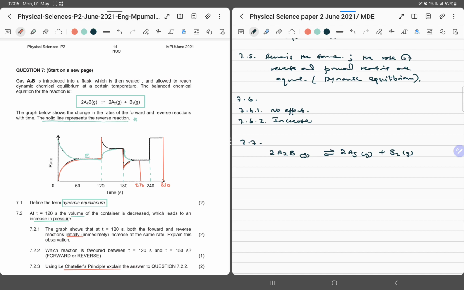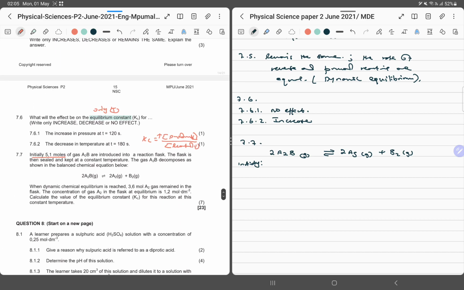And then, of course, we are told initially, what did we put in? So this is going to be a Kc calculation. We put in 5,1 moles of gas A2B. And of course, initially there will be nothing of the products. And then we are told the flask is then sealed and kept at a constant temperature. Now the gas A2B decomposes as shown. When dynamic chemical equilibrium is reached, 3,6 mole of A2 remained in the flask.